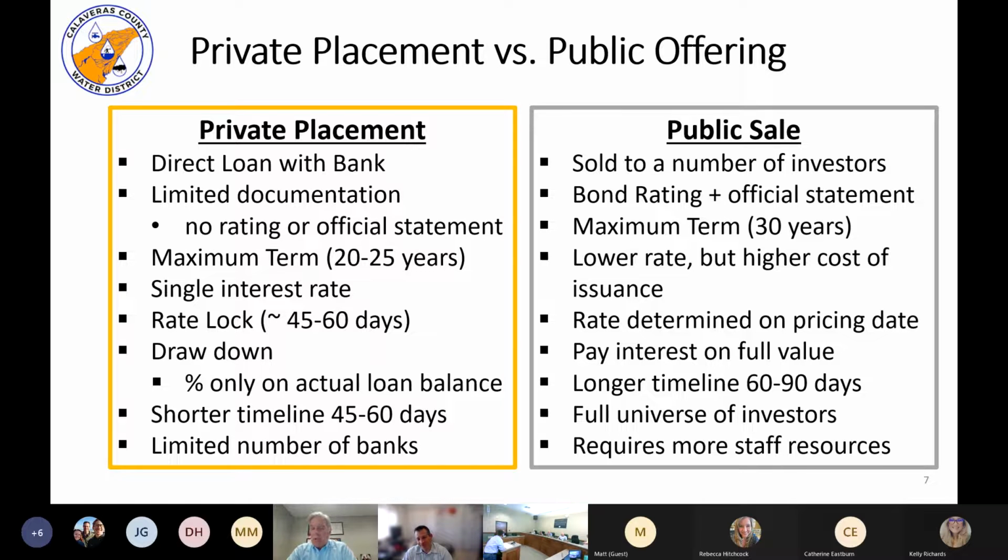It used to be a good 20 years, but in some cases, depending upon the corrosive nature of the system, they may go down to 15. And that's where we may want to look, after a few years, at whether we want to accelerate the payments on the loans, in case we need some type of refinancing or additional loans in the future to pay for additional improvements.